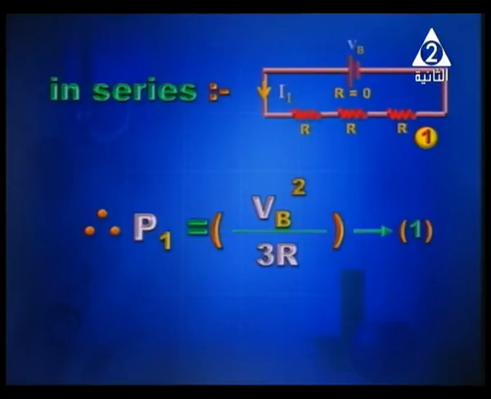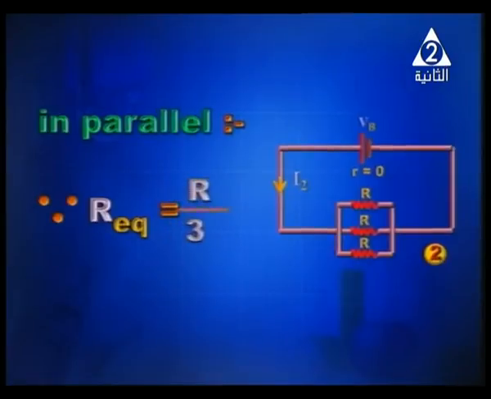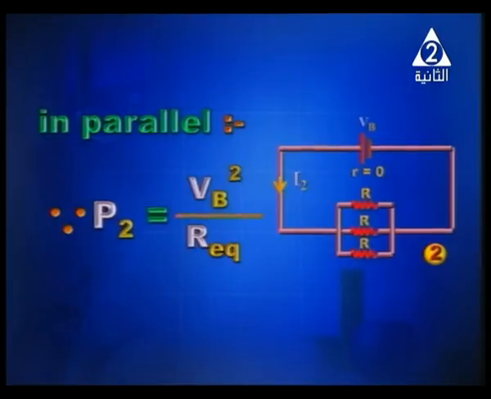Now we repeat this, but when connecting them in parallel. In parallel connection, first of all, we have to calculate R equivalent. It's all easy: one of them over the number, so it is R over 3. The power can be determined in one shot using the expression V squared over R equivalent, applied on the whole circuit.